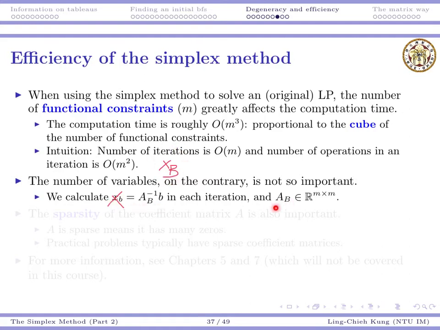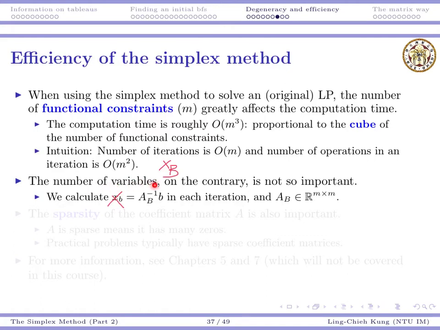And A_B, this matrix, is m by m. It has nothing to do with n, the number of variables. Certainly this explanation is just very rough, but I just want to give you some intuition. So the conclusion is that the number of constraints is important, but the number of variables is not.